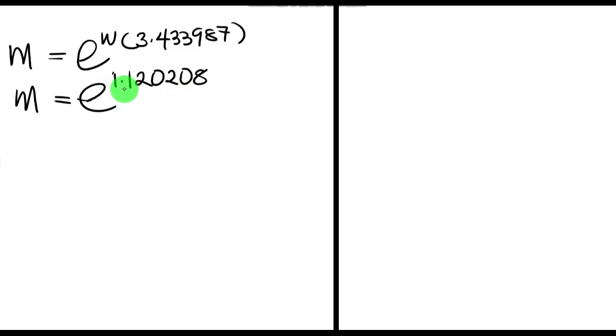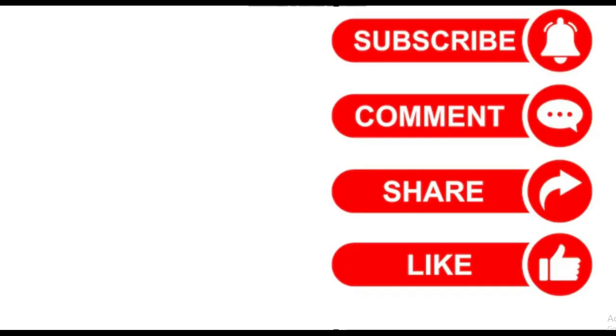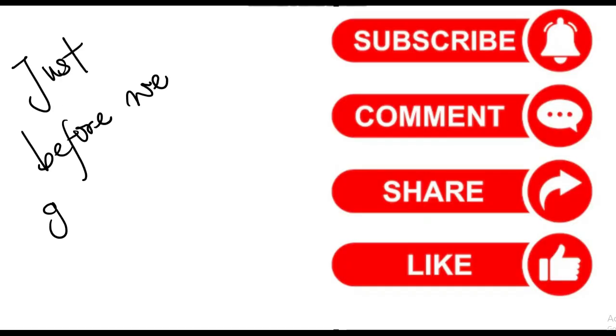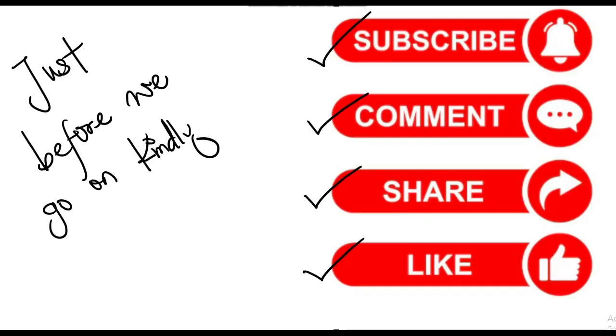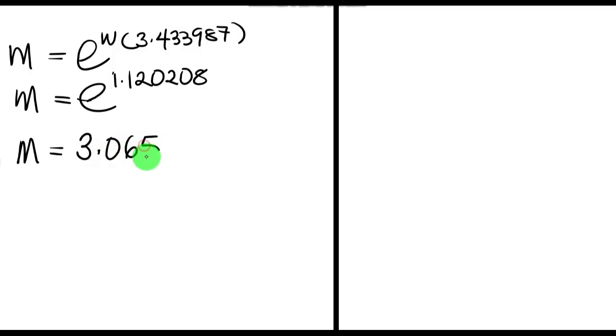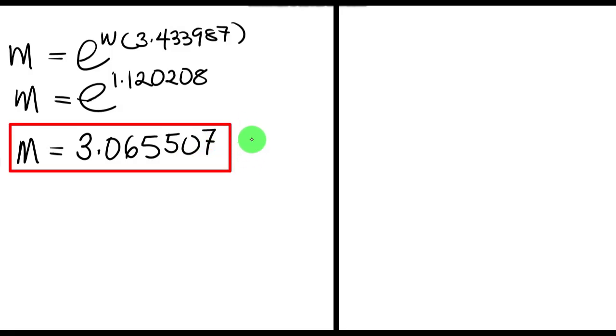At the end of the day, when we find the exponential of this value 1.120208, the value of m is going to be m equals 3.065507. So far so good. This is my final answer.